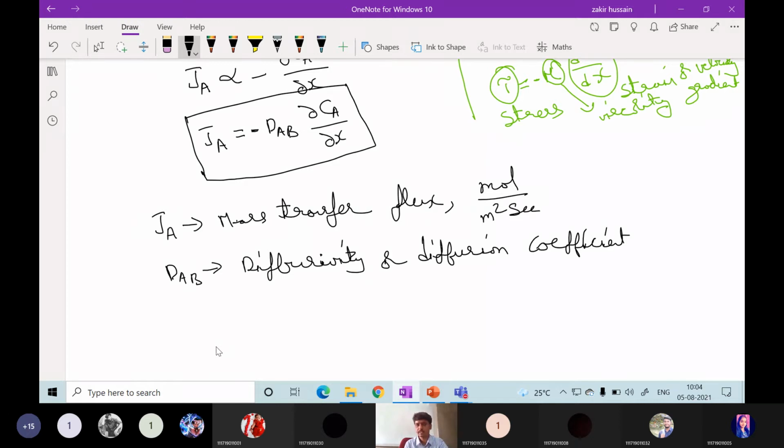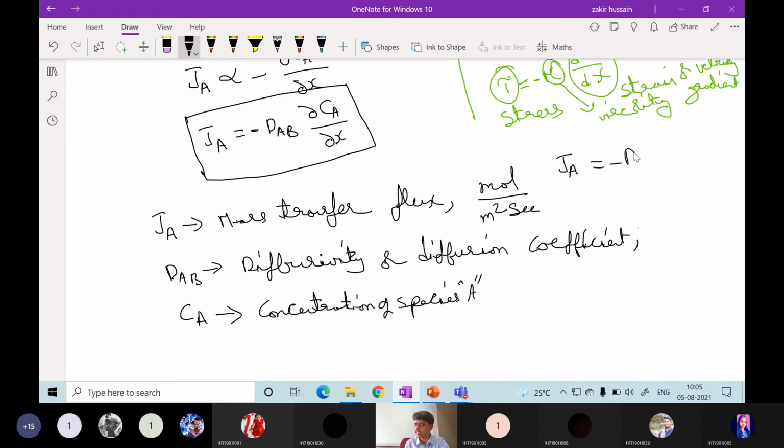Diffusion coefficient. Then the C_A units, we will derive the units so that you can remember easily. Concentration is also a general term; this is the concentration of species A. If you want to write the same equation for species B, how do you write?